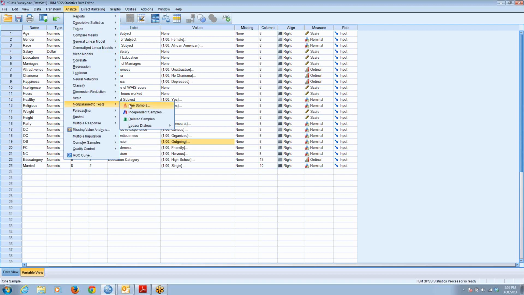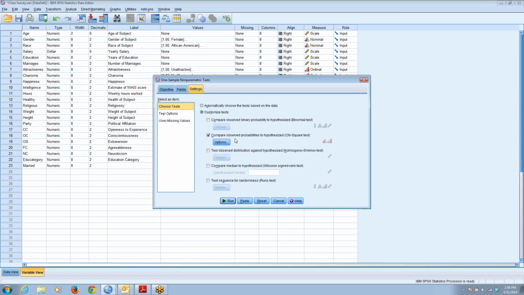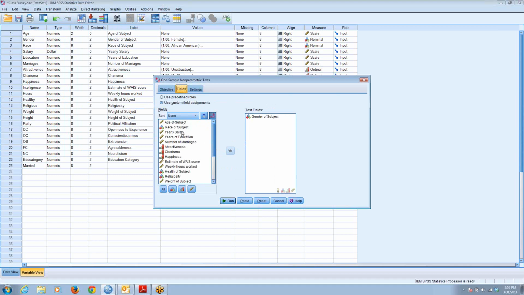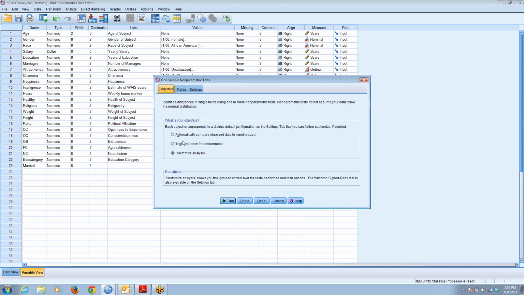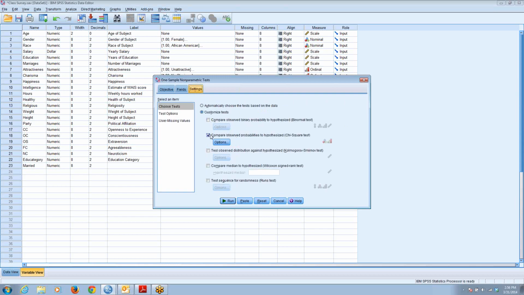Non-parametric. One sample, yeah, it would be. And the fields would be, take this one off, and add openness to experience and extroversion, and go to settings.